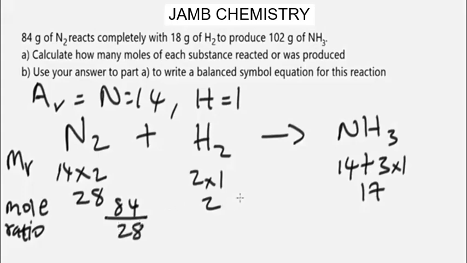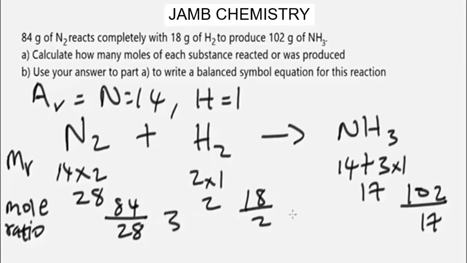The mass of hydrogen gas here is 18 divided by 2. The mass of this one is 102 divided by 17. So when we break this down, 84 divided by 28 will give us 3. 18 divided by 2 gives us 9. All right, 102 divided by 17 will give us 6.